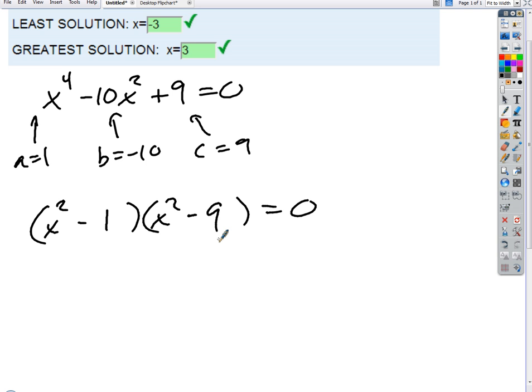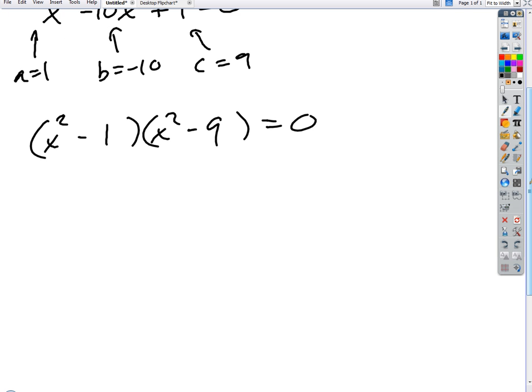Right? And then the last part: now I can solve these equations. I've got it factored into these little equations, and if I set them equal to 0, x squared equals 1, or x squared equals 9, right? Everybody with me? Yeah. And then my answers would just be what?